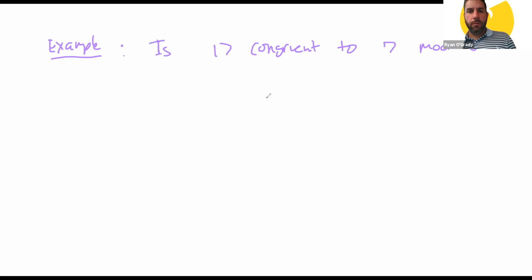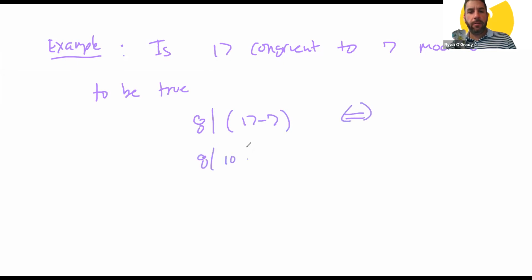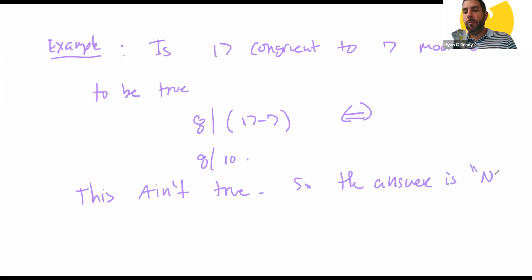Well, for this to be true, you would need 8 to divide 17 minus 7, which is the same thing as 8 dividing 10. Does 8 divide 10? This isn't true. So the answer to your question is no.